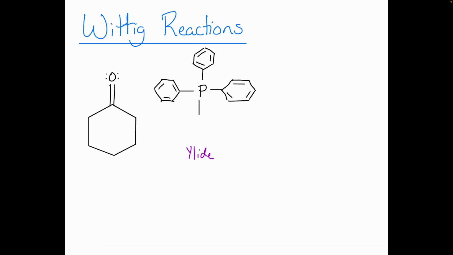Okay, and that phosphorus, in addition to those 3 big old benzene rings, is double bonded to another carbon. All right, and that chain length can be any sort of size, but importantly, it has to have at least 1 hydrogen on it.